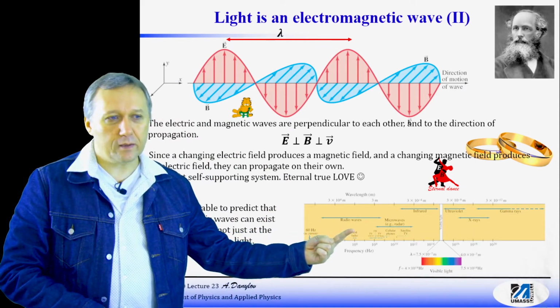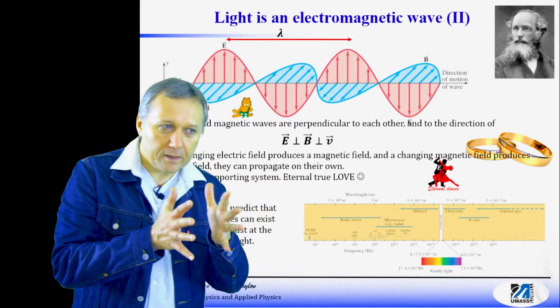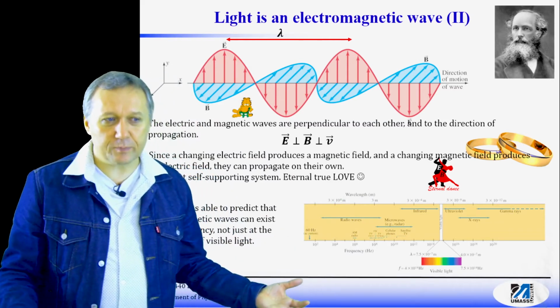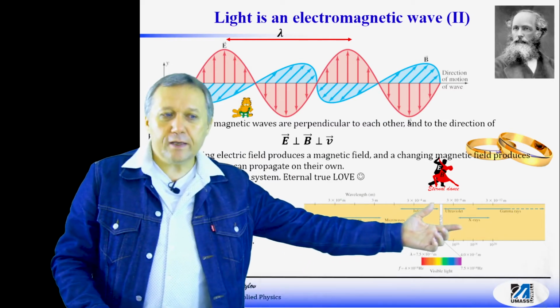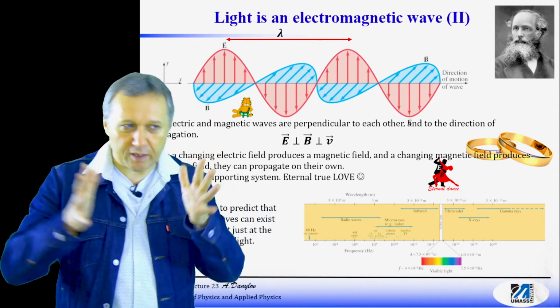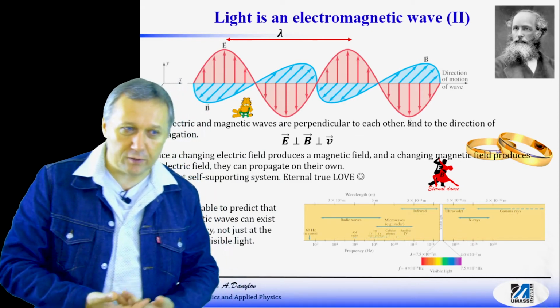Then if you go higher, let's say microwave, the wavelengths become smaller, frequency becomes larger. If you multiply, it's still the speed of light. Then the infrared part of the spectrum over here, again, wavelengths become even smaller, frequency becomes larger. Again, if you multiply them, you will get the speed of light.